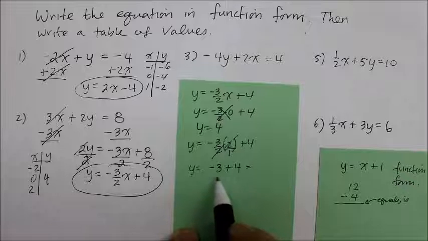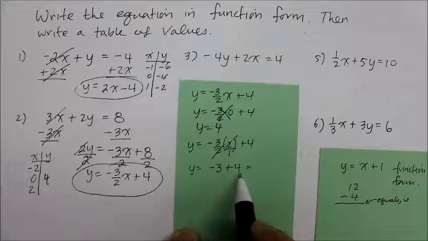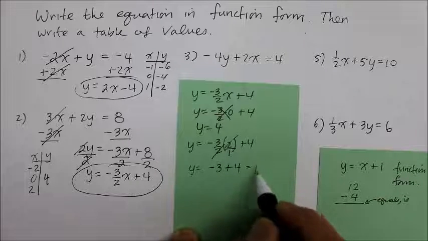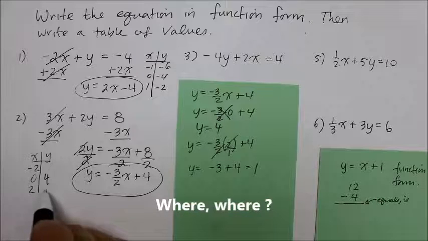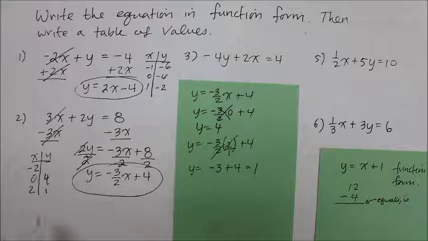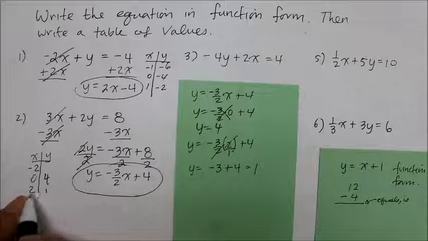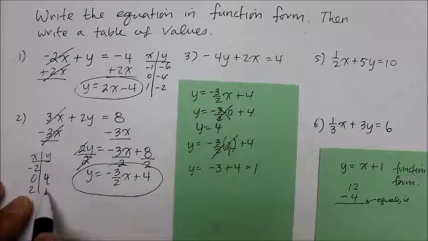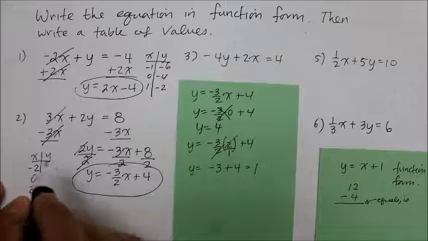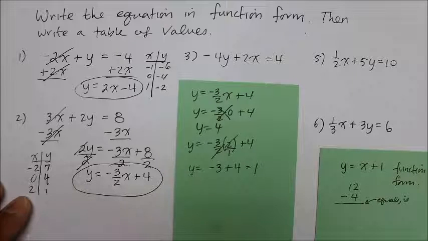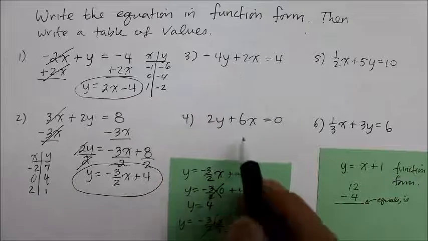That's like saying you took out $3 from the bank and you put back $4, so you have a bank balance of $1. There it is. And look what's happening, a pattern. From 2, you get a 1, to 0, you get a 4, and if you decrease by 2 more, you're going to increase by 3. So this will be 7. Now, why don't you try 3 and 4?